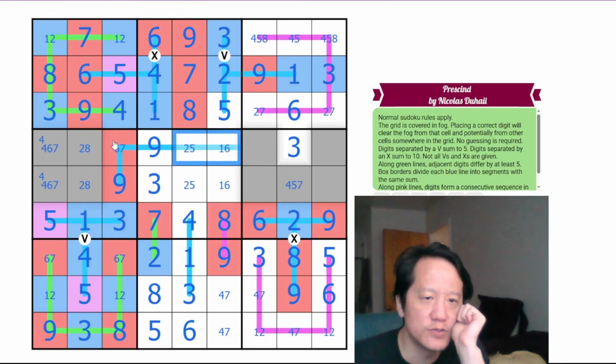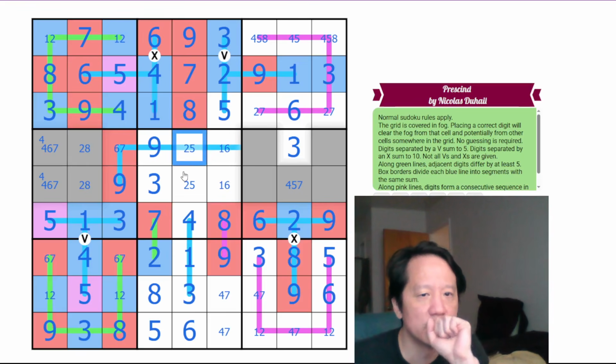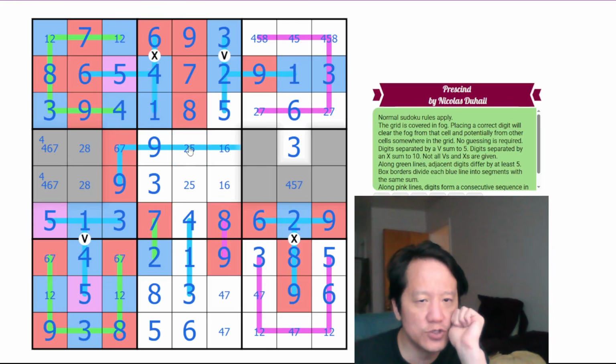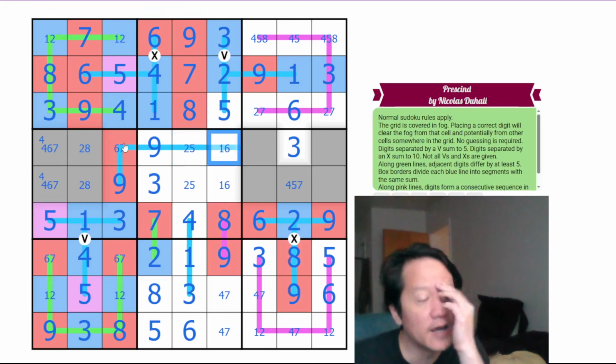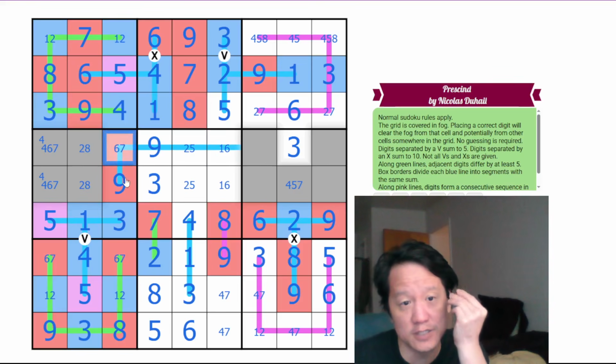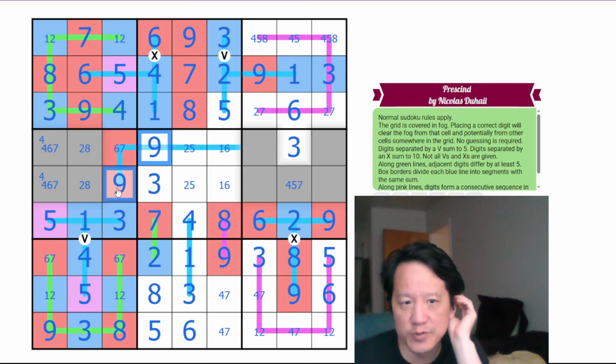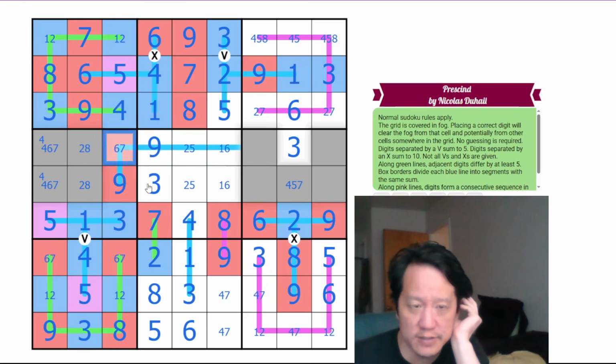So these two add up to that digit. So it's either 1 and 5, or can it ever have a 2 here? The answer is no. 2 and 6 adds up to 8, which does not add up to this digit here, because these are both 9. So this has to be 1, 5, and 6.